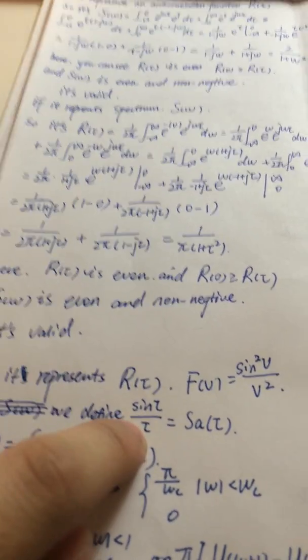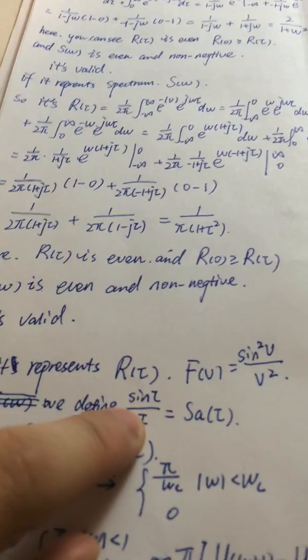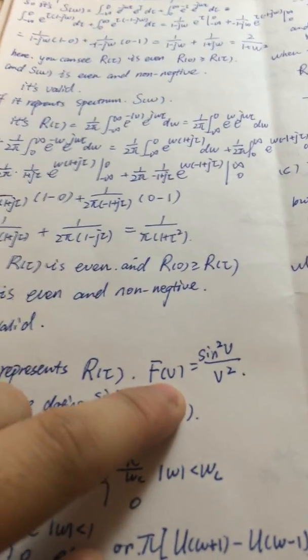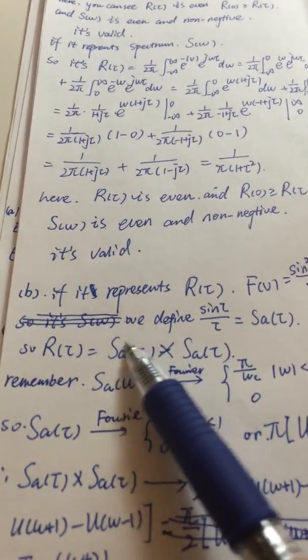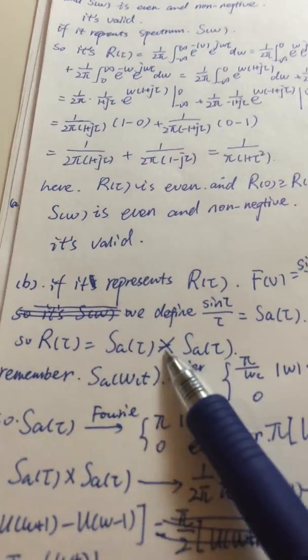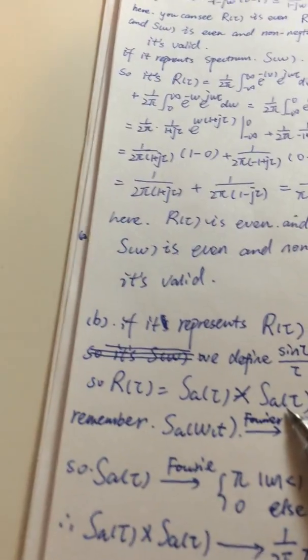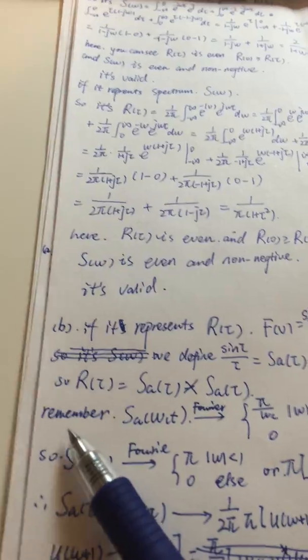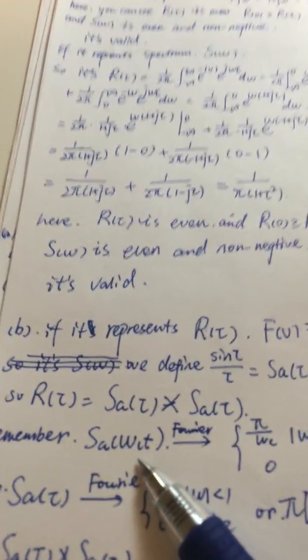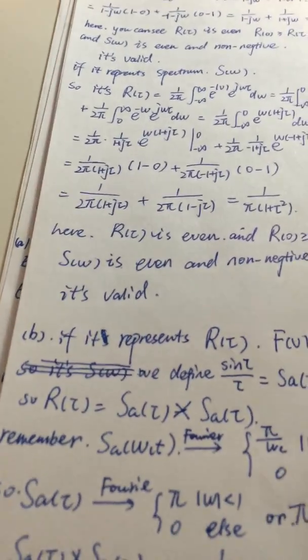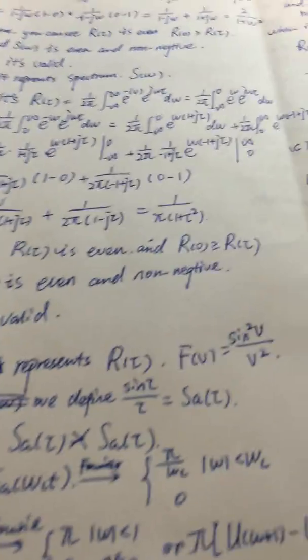After we square it, we will find it is exactly the f. R(tau) equals Sa(tau) squared, that is, Sa(tau) multiplied by Sa(tau). Remember this is a Fourier pair we already know, because we are very familiar with Sa(tau). It equals a rectangle function.